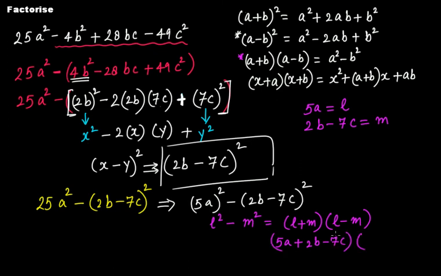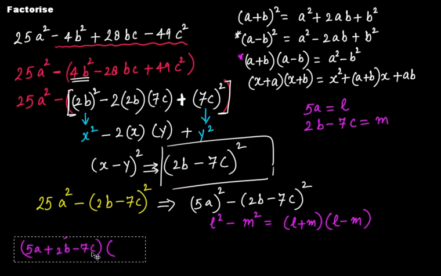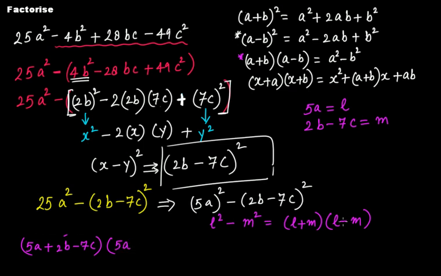Then multiplied by, let me copy this here. Then what's L? L is again 5a. Now here you have to pay attention. Now here it is minus sign, so this minus, and this is M. M is 2b minus 7c. Whenever you have negative sign, you have to pay attention.